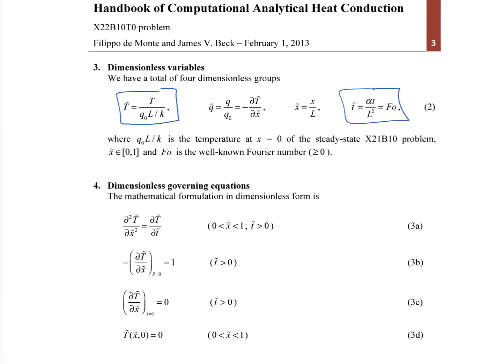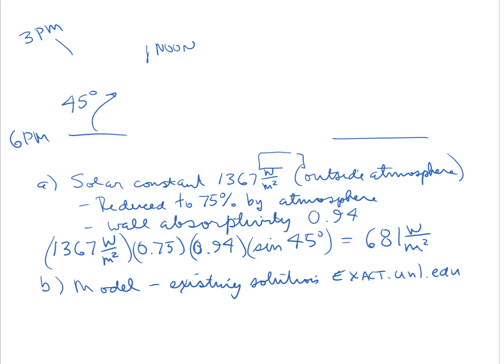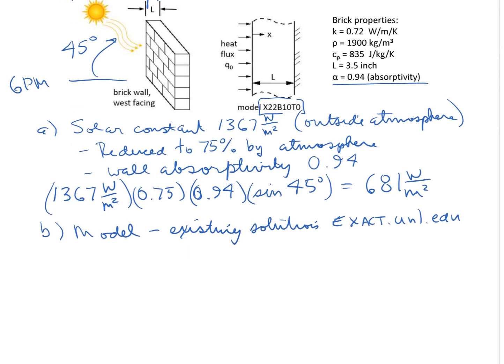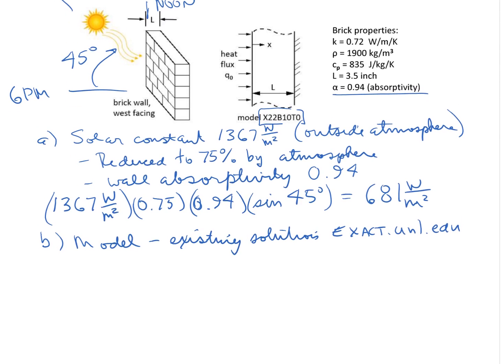Let's start out with the dimensionless temperature. The dimensionless temperature has the form T tilde equals T minus T initial divided by Q naught L over K. Let's look at this grouping, Q naught L over K, we're going to need that.